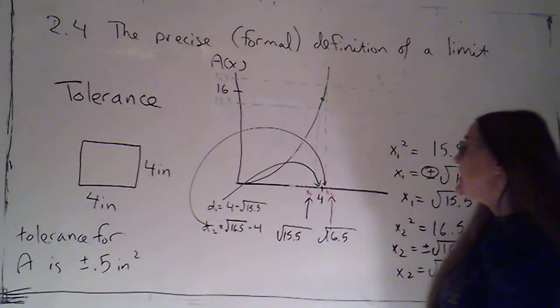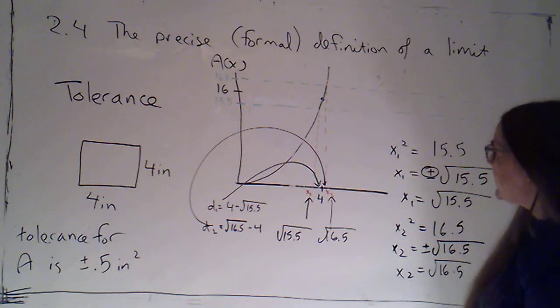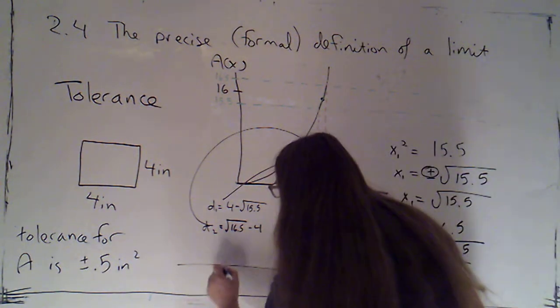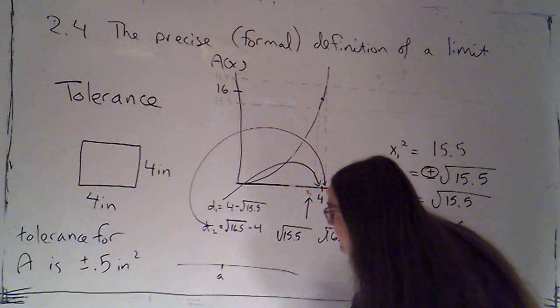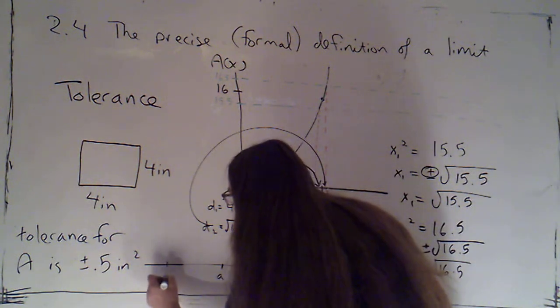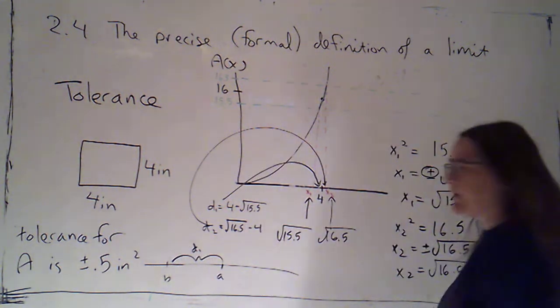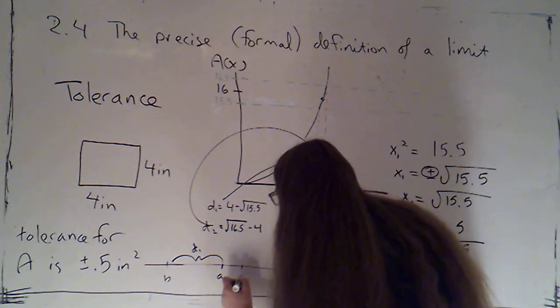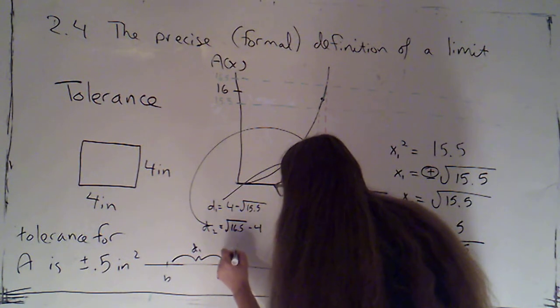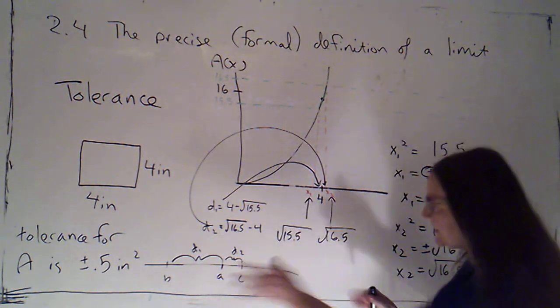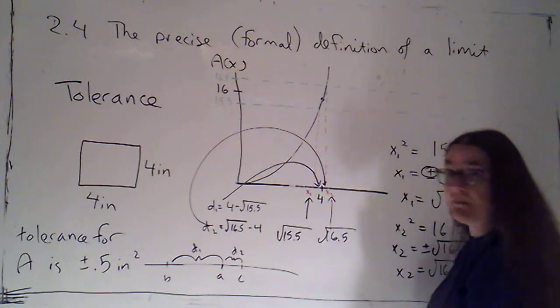I need to choose the smaller one because let's just take a look at an example. Let's suppose I had a point here A and some point over here B, and I'm saying D1 is the distance between A and B. And then I had some point C and I said D2 is the distance between A and C. Now clearly as I've drawn this, D1 is bigger.